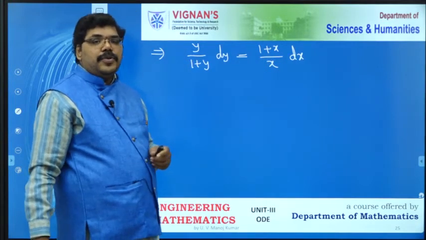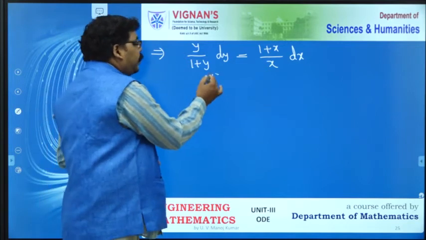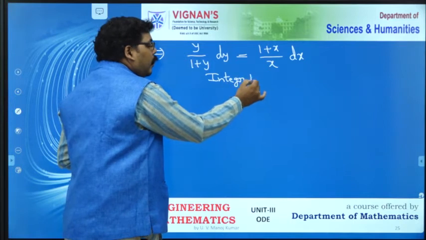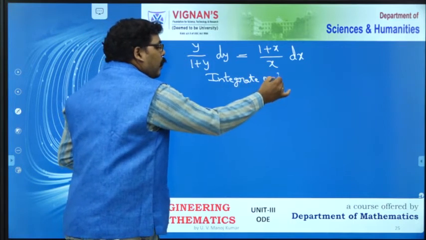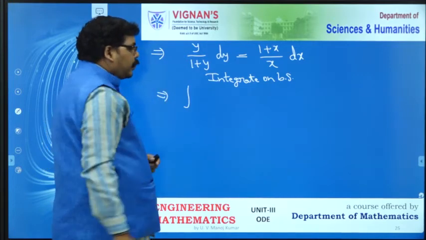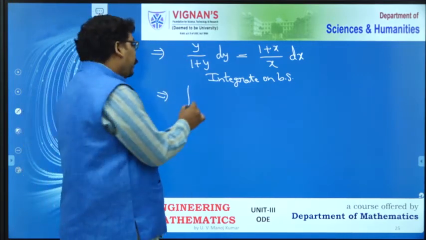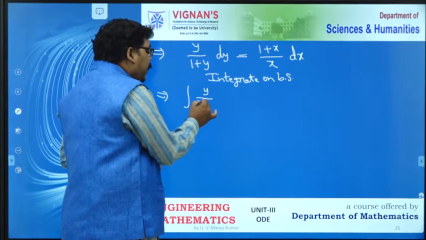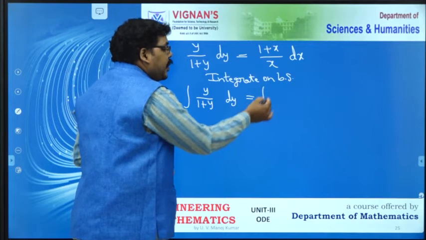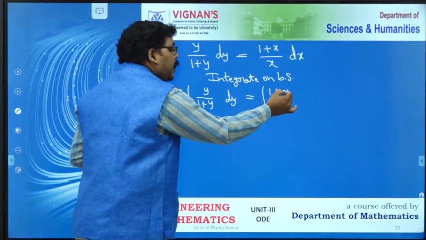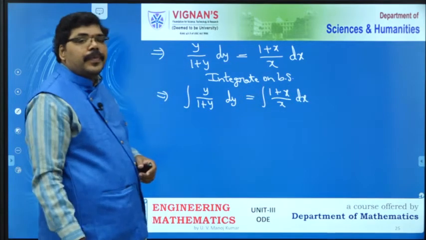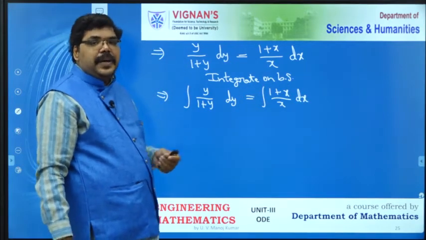When you integrate on both sides, we get integral y by 1 plus y dy equals integral 1 plus x by x dx. So integrate it, simplify, integrate.